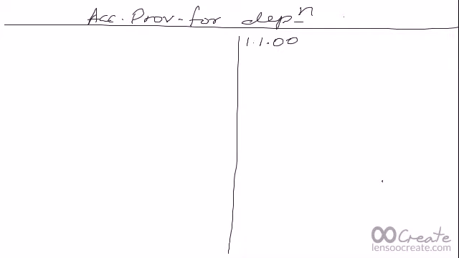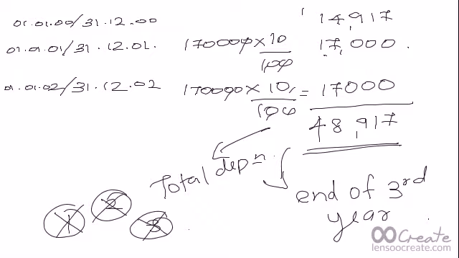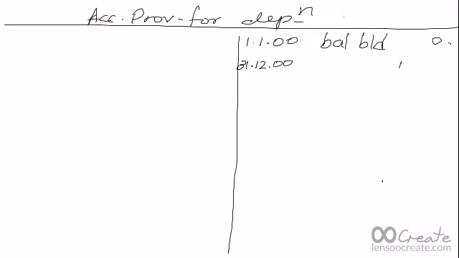So 1/1/2000 is when the period is starting, and they didn't have any depreciation at the beginning of the year. But we calculated a total depreciation at the end of the year of 14,917. So 14,917 will go to the income statement. Now let's balance this off.